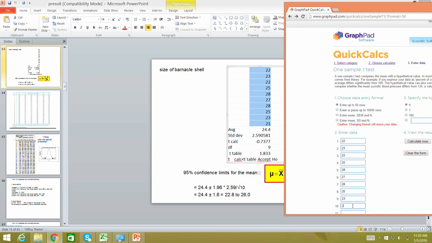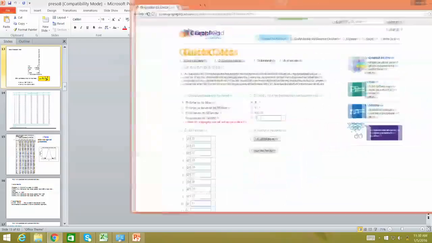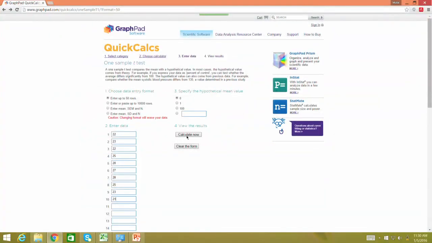So, we have 10 data points. We can put this here, and then we can say calculate now.